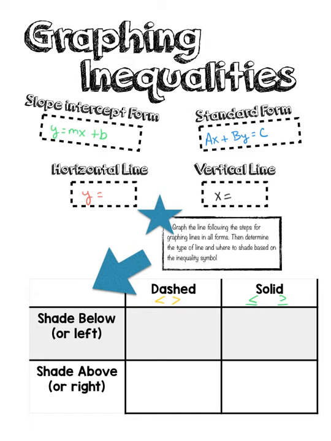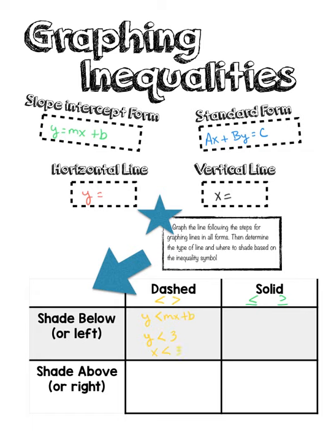Now shade below or to the left. Oh, here's where it gets fun. All right. So if y is less than 3, I'm just going to say that, or x is less than 3. I'm throwing in a number just so you have something to look at.